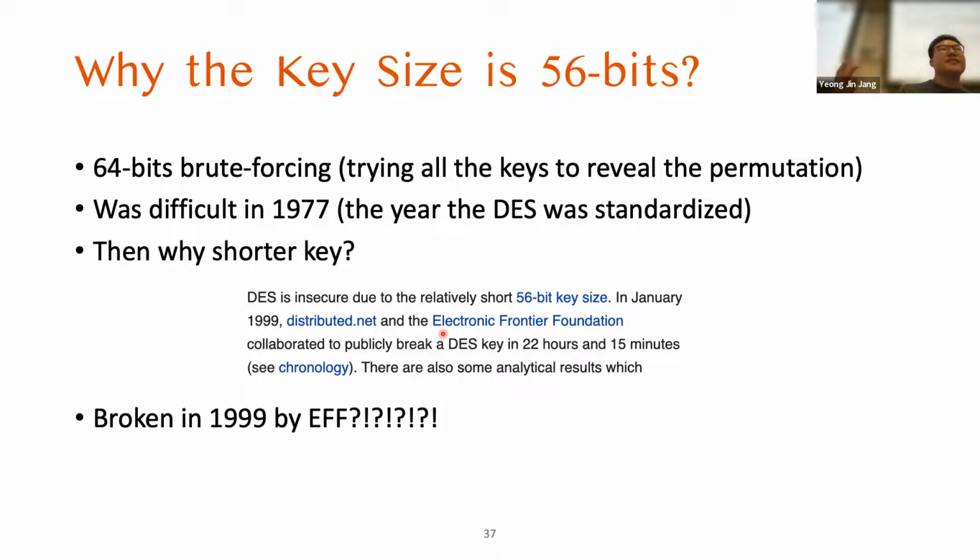It's an activist foundation that wants to protect our right to have private communication. I really like this kind of entity, fighting for freedom in communication and privacy. And what they did was demonstrate that they can publicly break any DES encryption within 22 hours and 15 minutes.